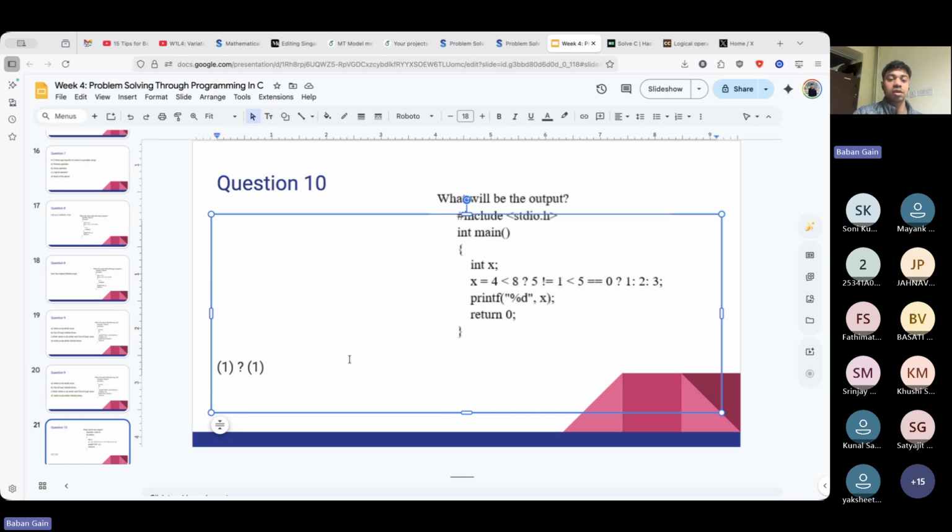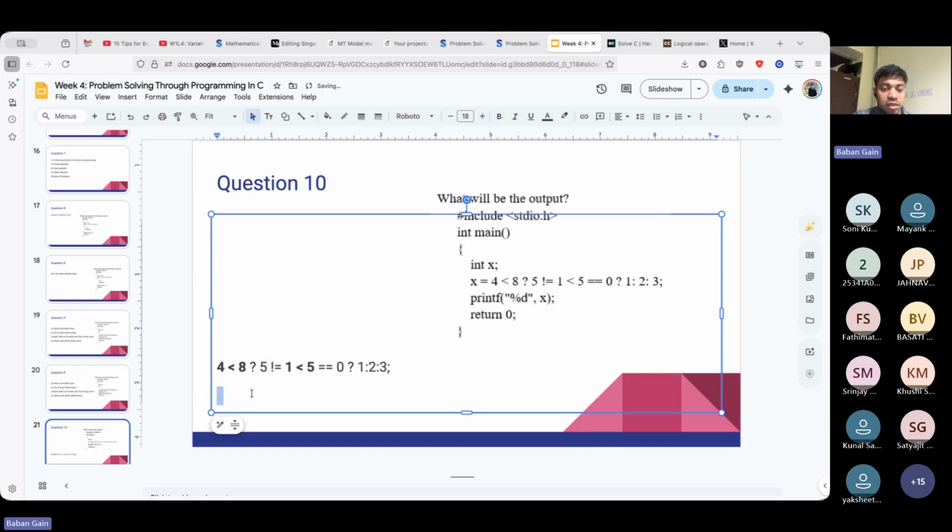So let me write the equation here: 4 less than 8, 5 not equal to 1, less than 5 equal to 0, question mark, 1, comma 2, comma 3. Right. So the thing is that 4 less than 8 and 1 less than 5 will be together.